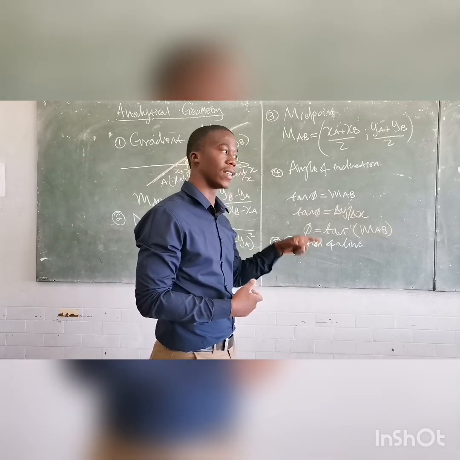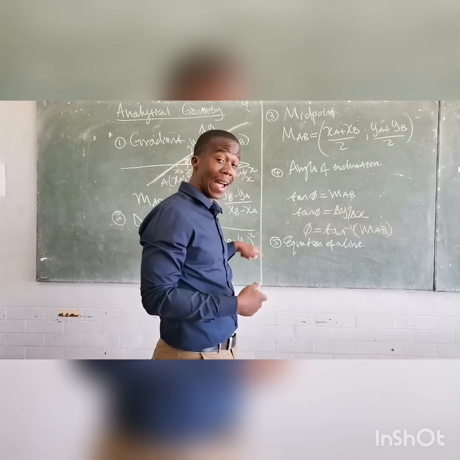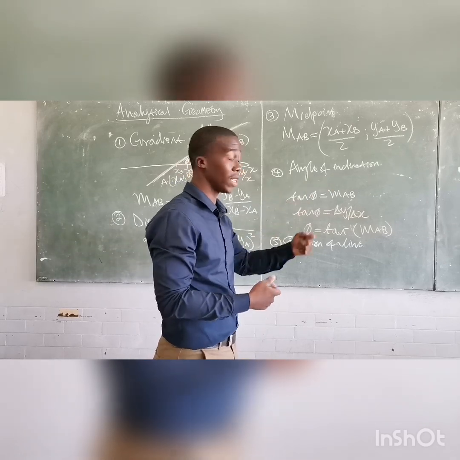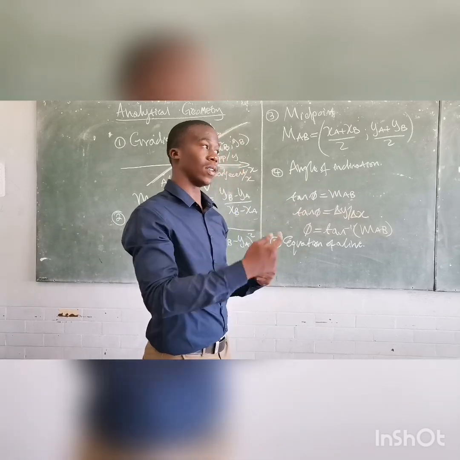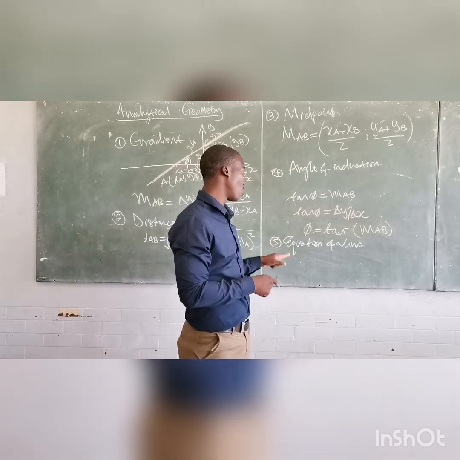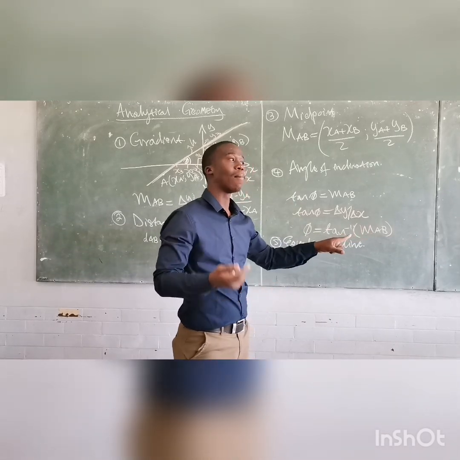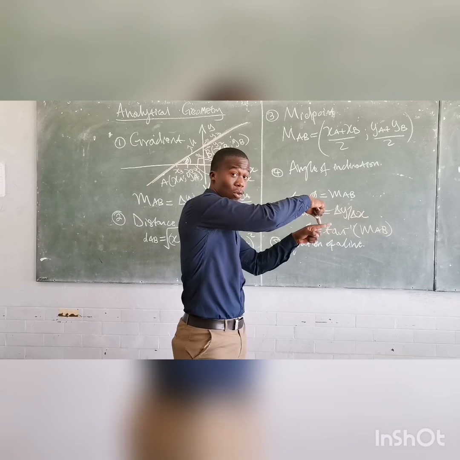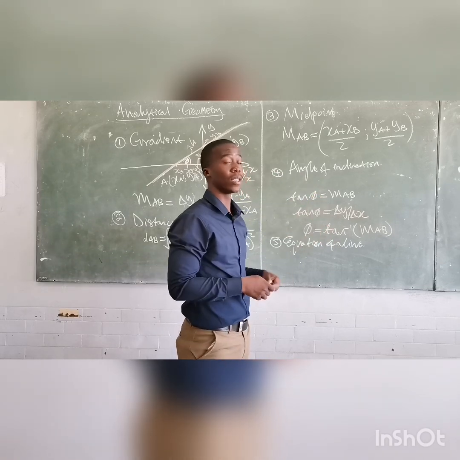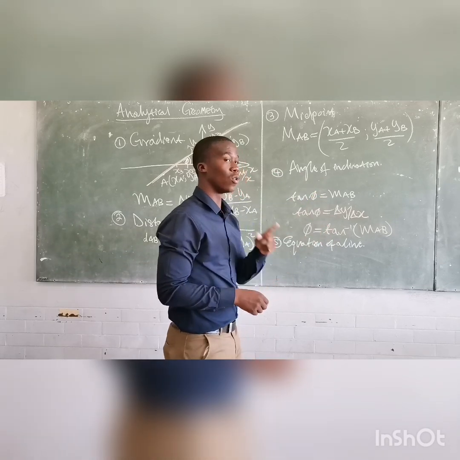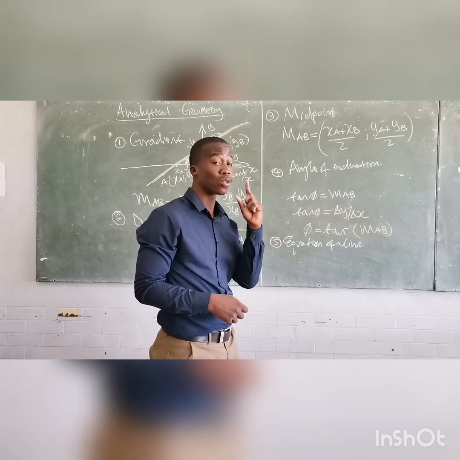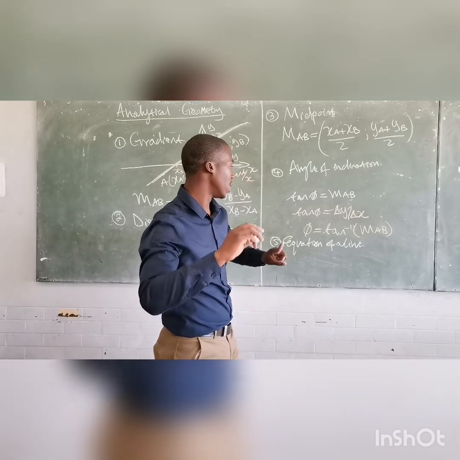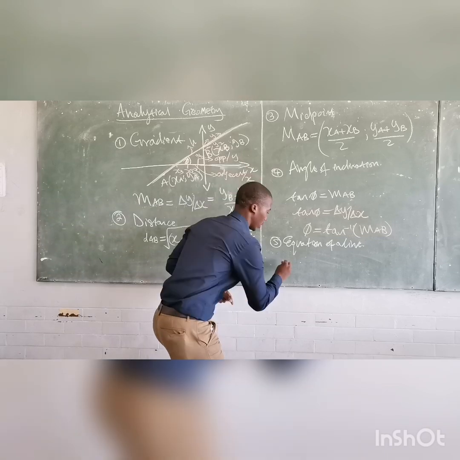So if you have a gradient and a point lying on that line, you can find its equation, right? Because the gradient belongs to the line whose equation you want, and the point must lie on that line. So you must have a point and a gradient.